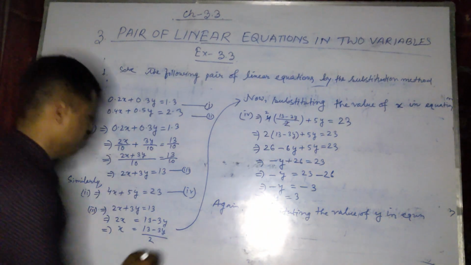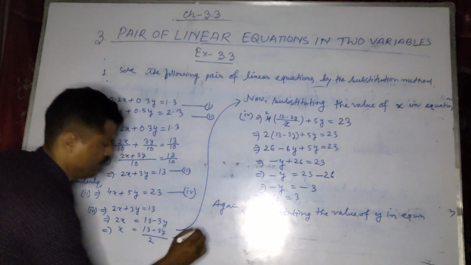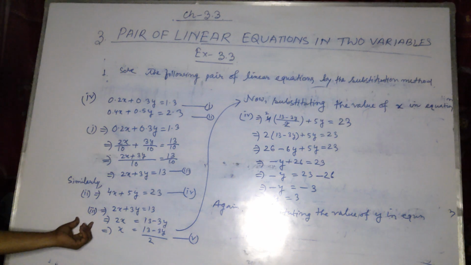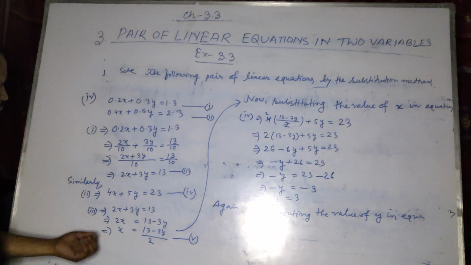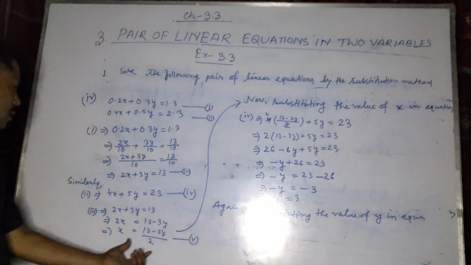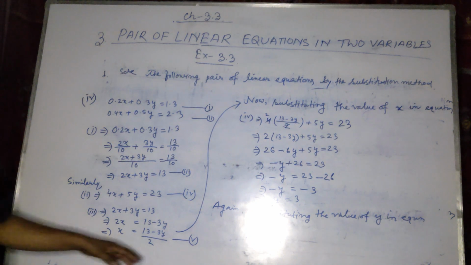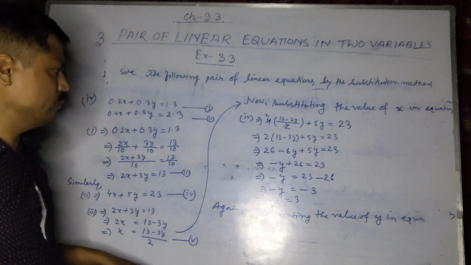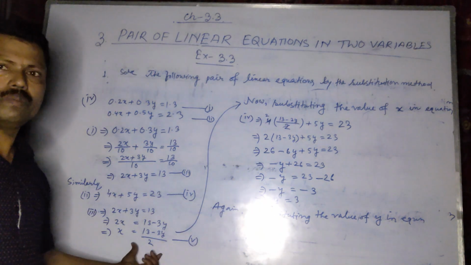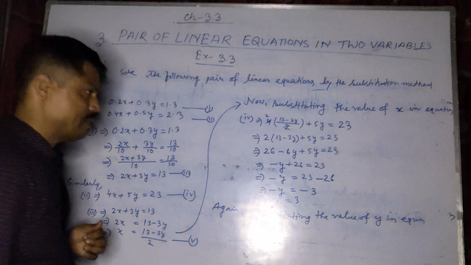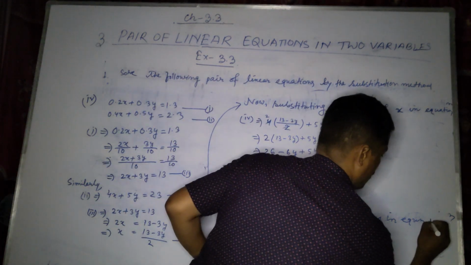In equation 5. From 3 we have come across this, so the remaining one is equation number 5. So we have to put the value of y in equation 5.